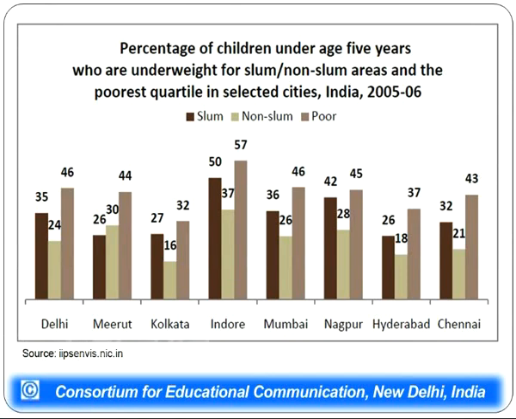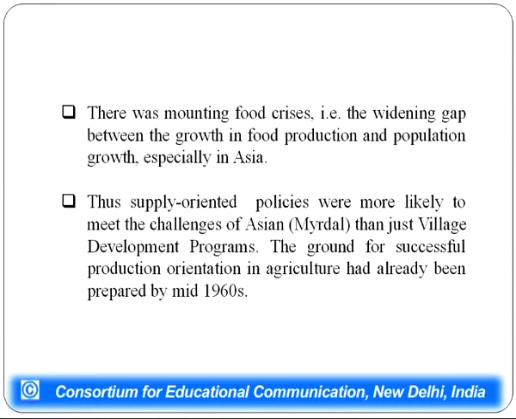We have so many underweight children in slum, non-slum and the poor area. Through this you will be able to understand the status of nutrition in our country. Unless we tackle this problem, it is not possible to achieve full food security in our country.